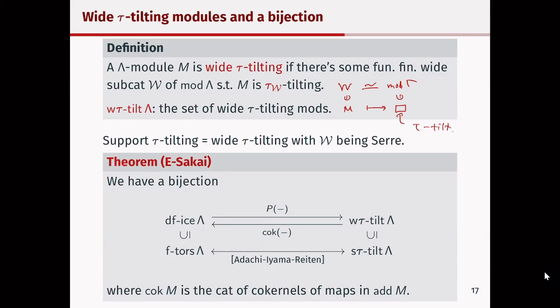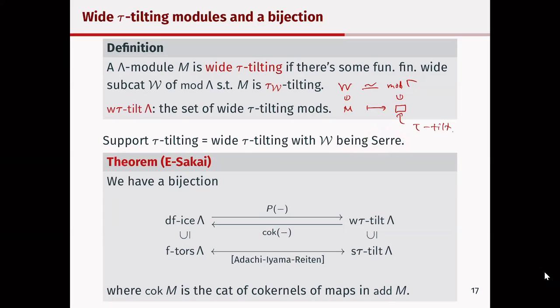And actually, support tau-tilting modules are tau-tilting modules over an idempotent truncation algebra. And considering idempotent truncation is equivalent to considering a cell subcategory, and a cell subcategory is a special wide subcategory.